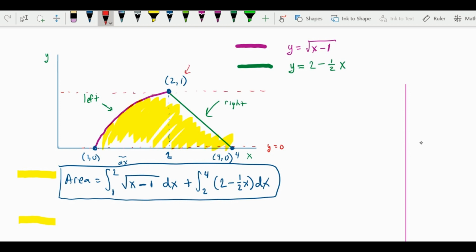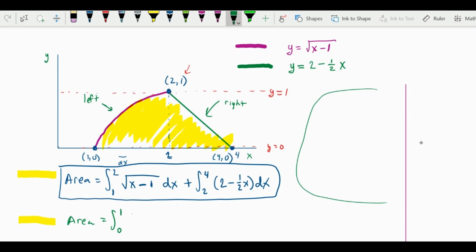So we can see the y part of the coordinate is 1, so that's the highest point in this region, y equals 1. So I could write the integral this way, say area is equal to the integral from 0 to 1, and now I need the right function and the left function.